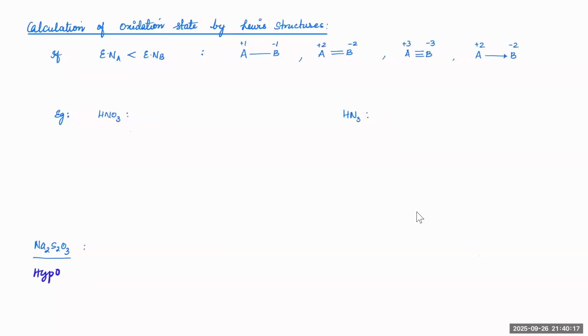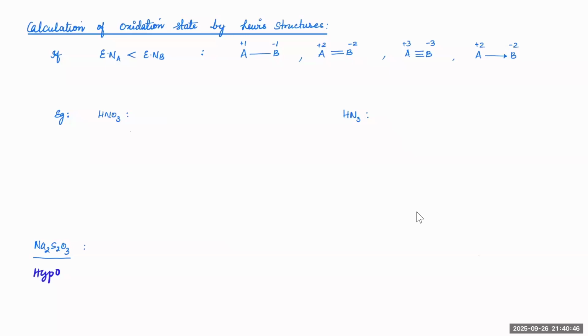When you have an electronegative difference, let's say A and B atoms have electronegative difference where B is more. If I write single line, that means B will have -1, A will have +1. If you have a double line, that means B is gaining 2 electrons, A is losing 2 electrons. Same way here, if B is -3 and A is +3, this is how we can write down.